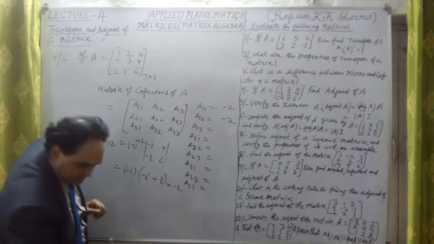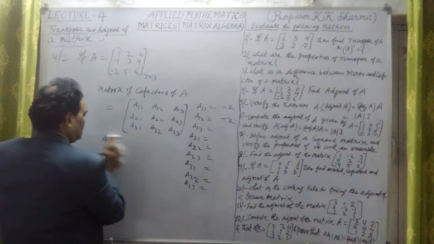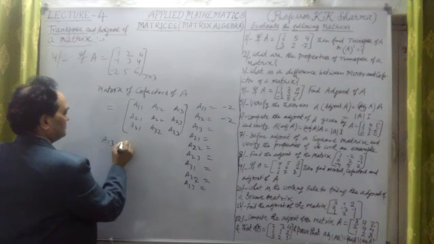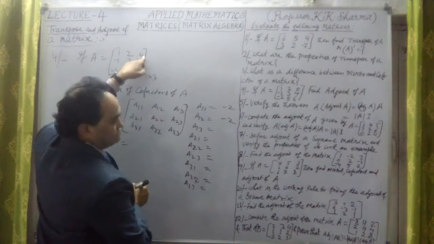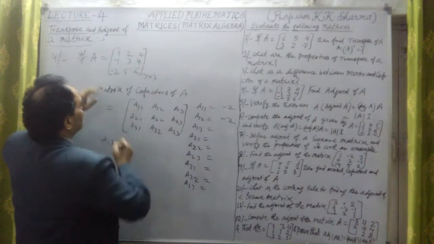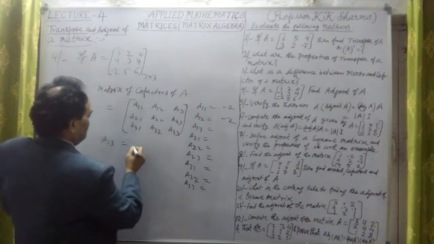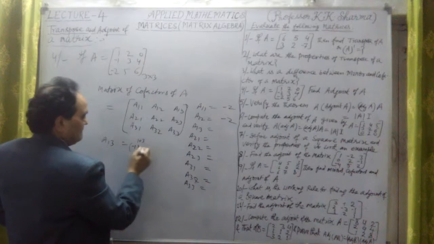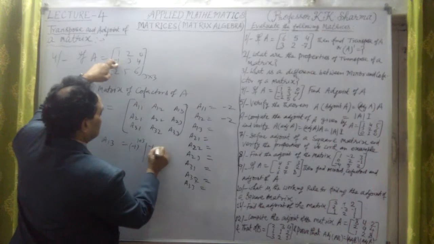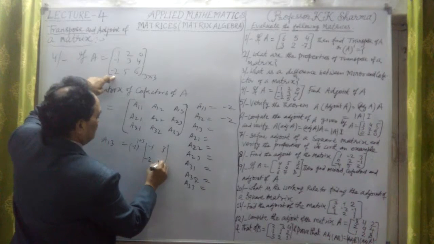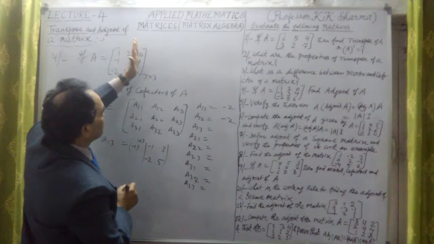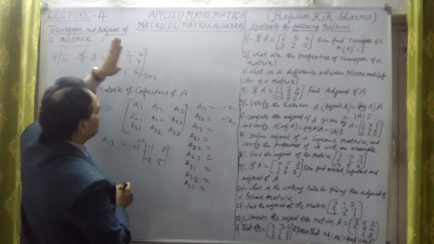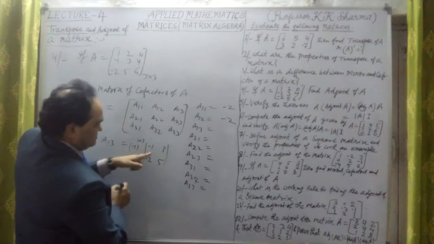Now A13, let me calculate. In this way, the cofactors of every element we have to calculate. Therefore, A13, this is 0 here. What is the cofactor of 0? So this row and this column are removed. This is nothing but minus 1 raised to the power 1 plus 3, which is positive. Then the determinant value is of minus 1, 3, minus 2 and 5, because this 0 is lying in the first row and third column, which are removed. Whatever is left over is the determinant value.